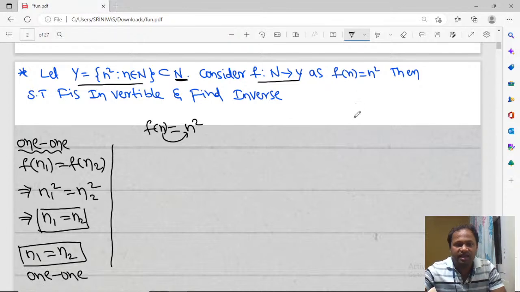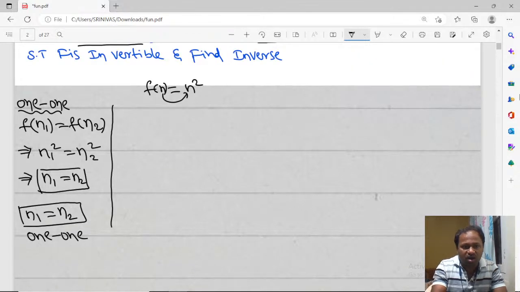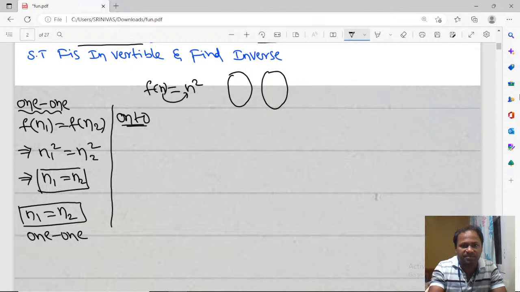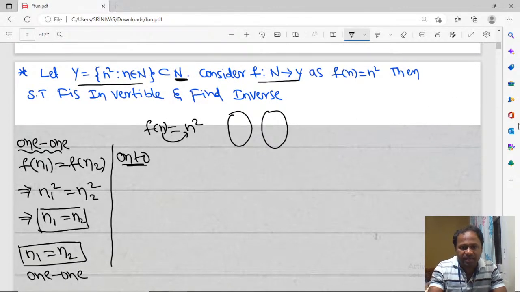Easy. Next, I will do the onto function. As I said, one-one and onto both are similar, and onto as well as inverse are similar. Here what is given? f from N to Y. First we need to take an element in the codomain.